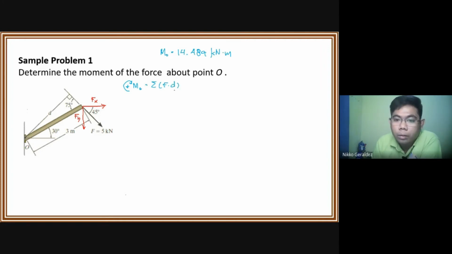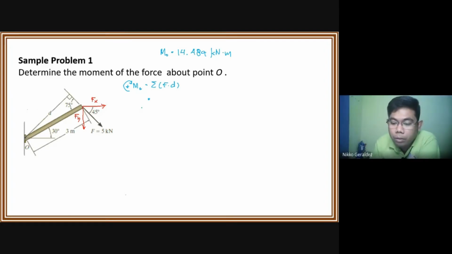Ganun din, parang resultant moment din siya, kasi two forces: moment ng x and moment ng y. Kunin natin yung resultant, that is the moment at point O. Una, si x component. Ano yung direction ng moment ng x component at point O? Clockwise po, so positive.